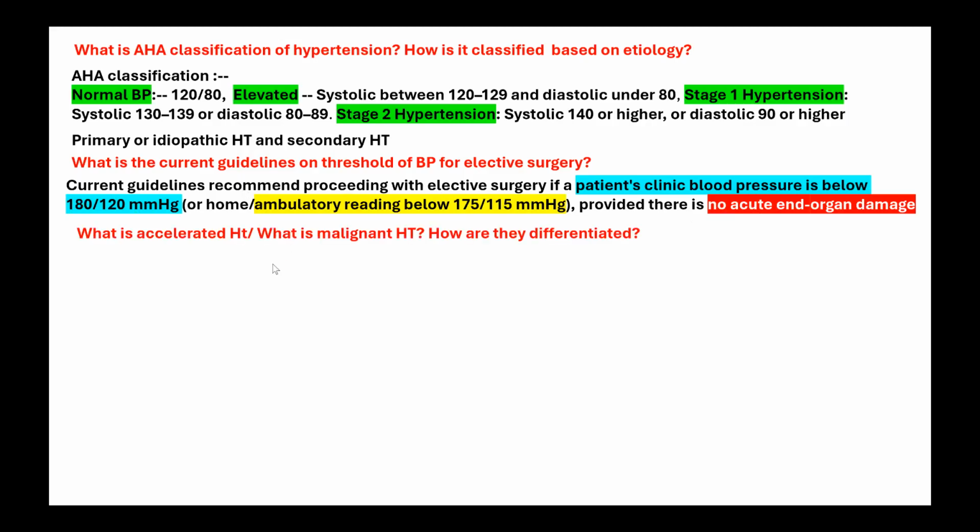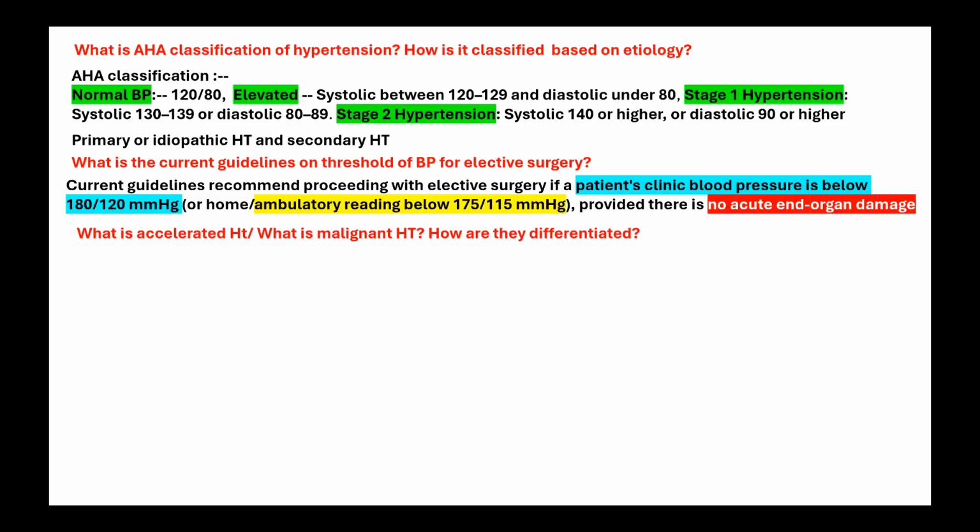Okay? What is accelerated hypertension? What is malignant hypertension? How are they differentiated? Accelerated hypertension has no end organ damage, sir. And malignant hypertension, you have end organ damage. How do you differentiate?